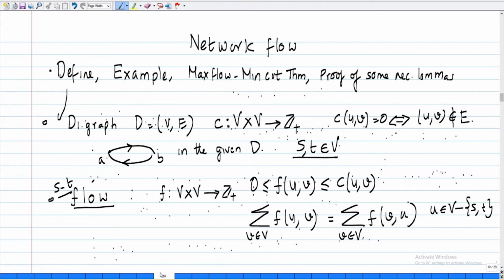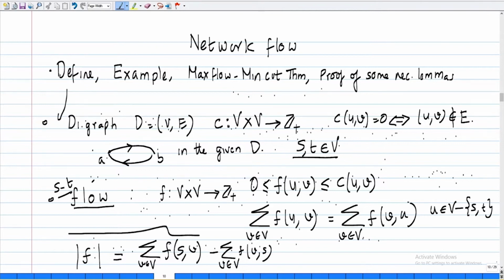So let's do a small example. And maybe before I do the example, I can even tell you what the value of a flow is. The value of the flow is calculated at S. It is a very, very important parameter.